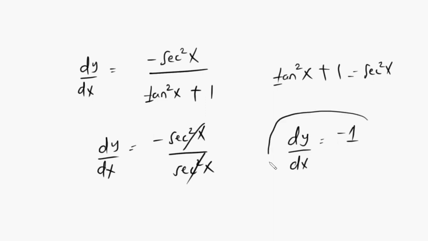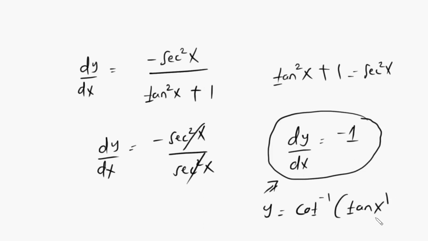Negative 1. So this is the derivative of y equals cot inverse of tan x. So that is about the derivative for the inverse of reciprocals of trigonometric functions. Let me just say, see you in the next tutorial.